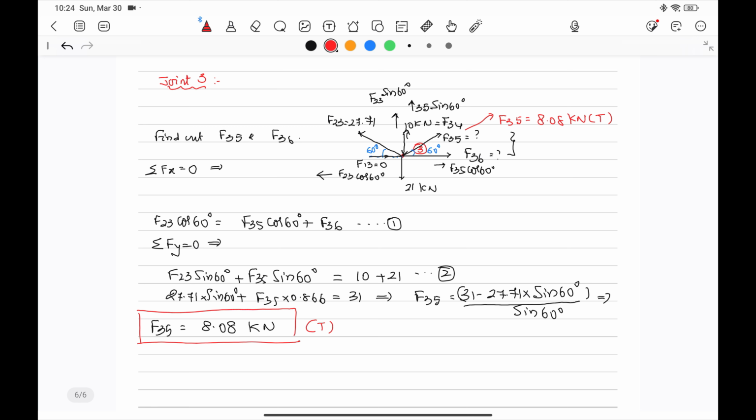Now, we have to find out F36 from equation 1. What is the equation?